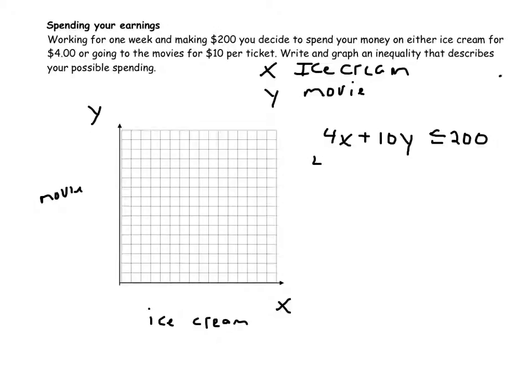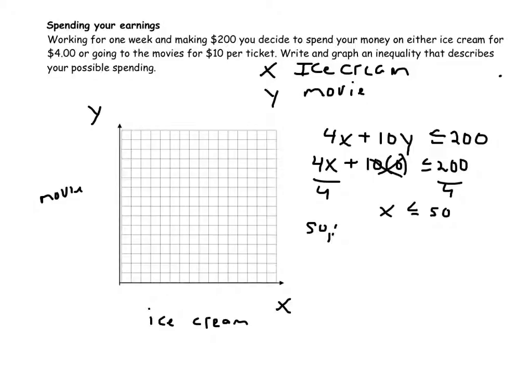So first I'm going to let the Y be 0, less than or equal to 200. So that goes away. If I divide by 4, then X is less than or equal to 50. So my intercept there is 50. X is 50, which is ice cream. So I can get 50 ice creams and no movies.